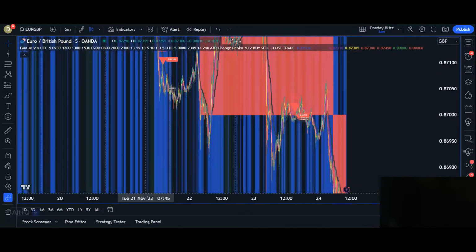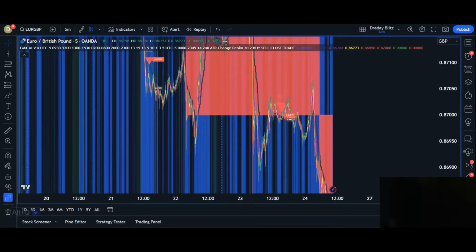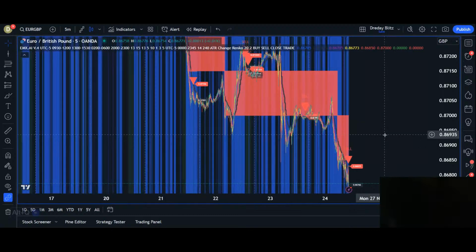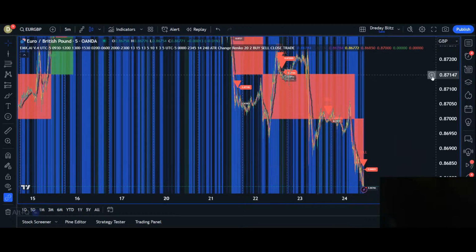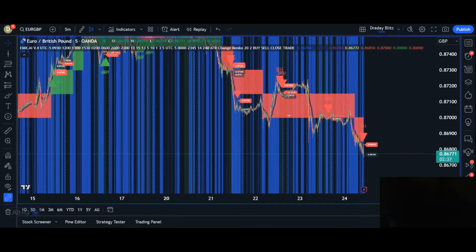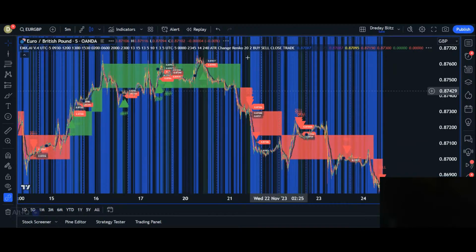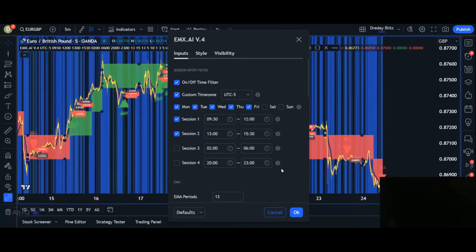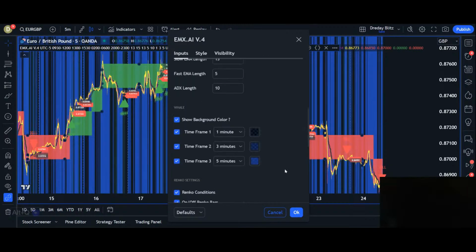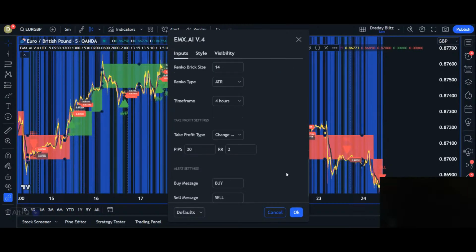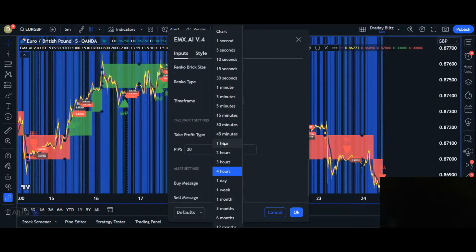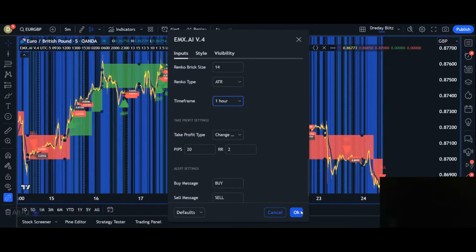So let's look at Euro GBP. So Euro GBP was selling off since Tuesday. So we're only looking for sells. We'll check the settings again. No, that's 4. Put that 1.